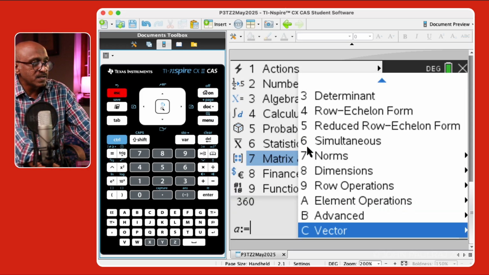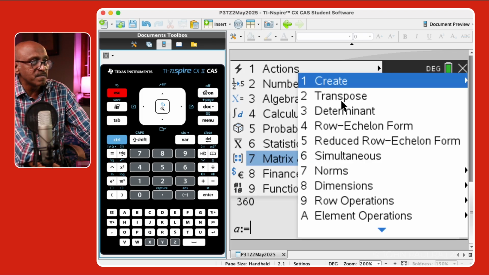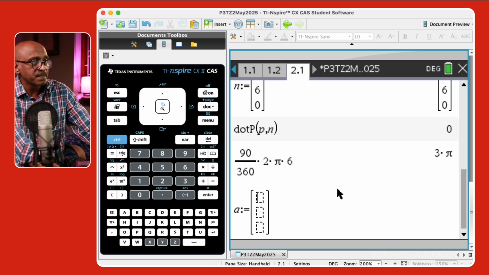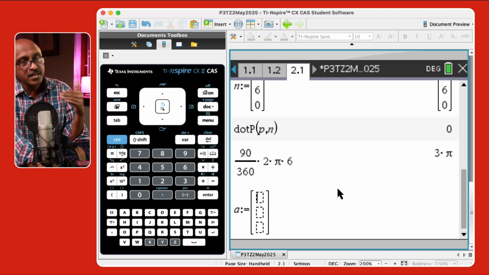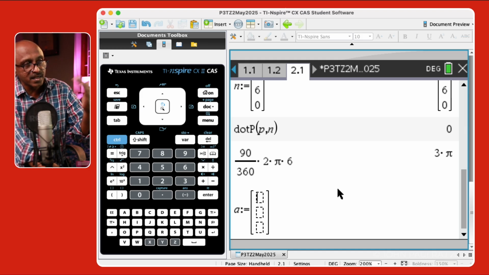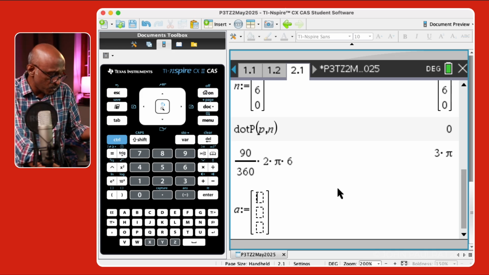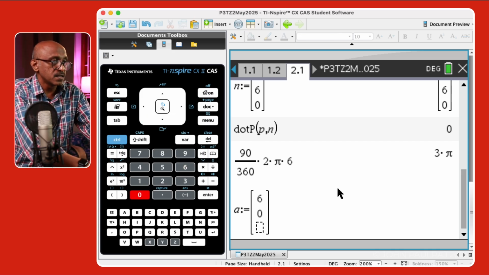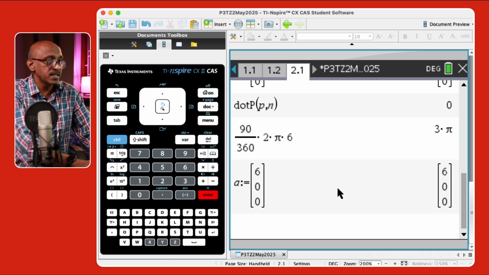You don't define this as a vector, you define it as a matrix, a column matrix, so 3 rows and 1 column. What I meant by editing is: go and check out that video to see how I did that. Once it's defined, you can always recall a vector and edit it and label it in a new way. You could do it that way, or this way. So this is 600, I believe, and then hit enter, and it's done.